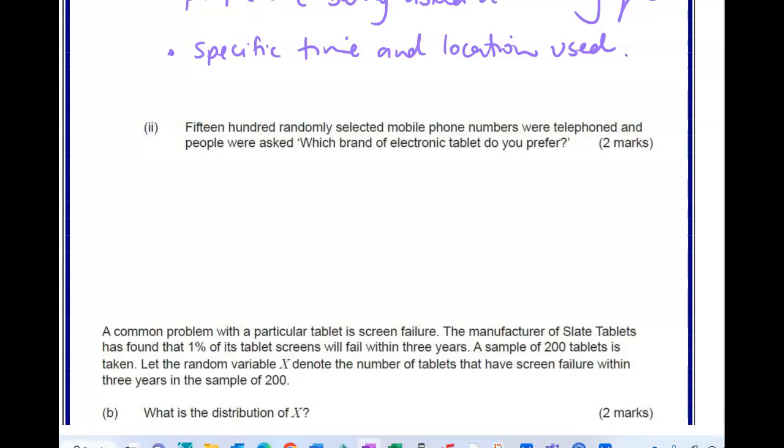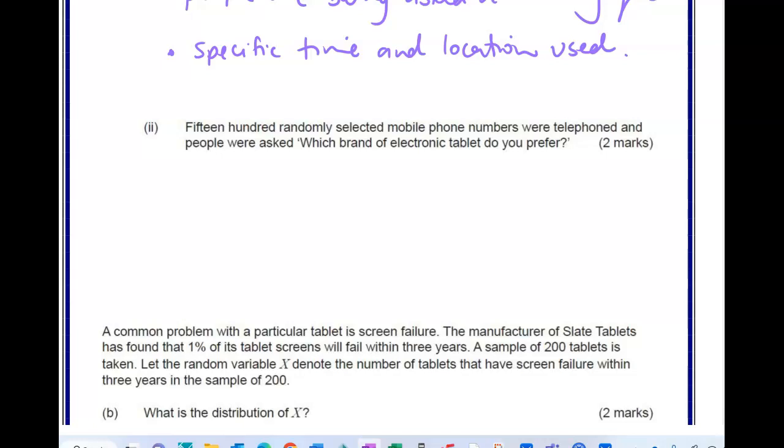The question's not biased, but not everyone would own a phone. If you don't own a phone, you're going to get a tablet. So you've only got mobile phone users here, so there could be an issue. Not everyone will pick up. I know my husband doesn't answer the call if he doesn't recognise the number. I can tell you that right now.